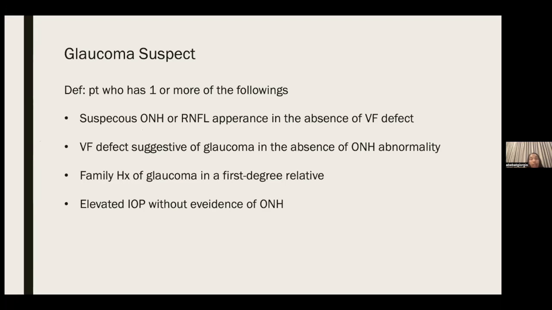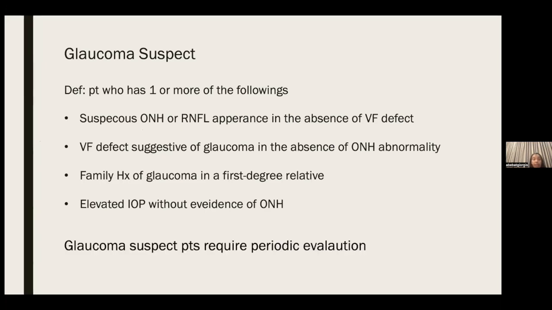Family history of glaucoma in a first degree relative, and elevated intraocular pressure without evidence of optic nerve head damage. So glaucoma suspect cases require periodic evaluation to detect any change or any progression to open angle glaucoma.